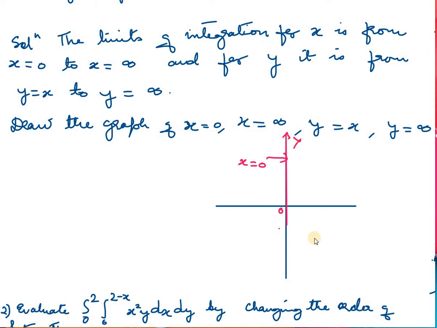This is 0, the origin. Then x is equal to infinity, that means the value of x is infinity. So it will be this side. For different values of y, you will get the value of x as infinity.